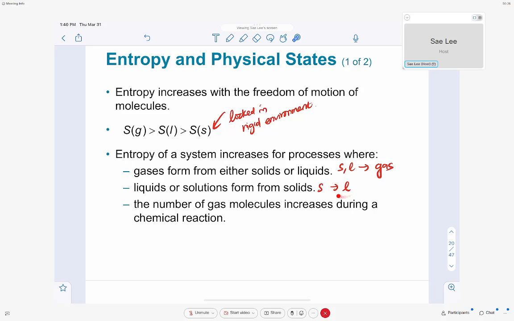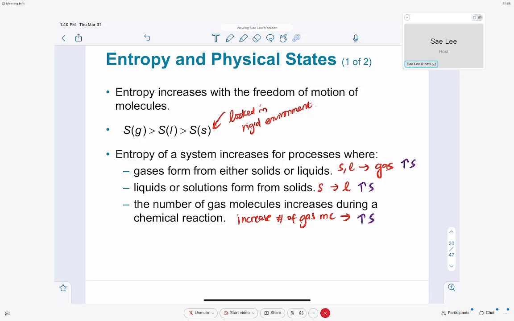More freedom of molecules, more microstates, higher entropy. If you increase the number of gas molecules, this will also result in higher entropy.